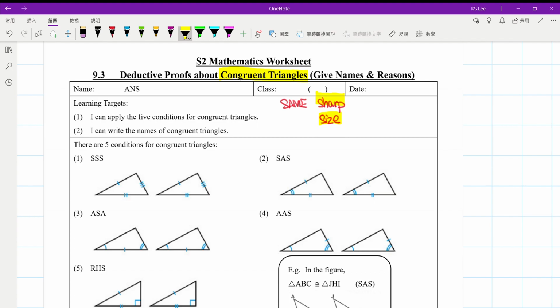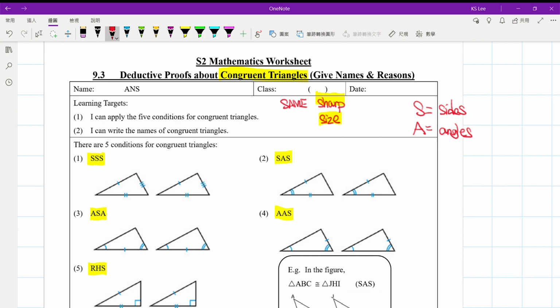The first reason, SSS. Second reason, SAS, ASA, AAS, and RHS. You should remember what we mean by S and A. S means we have a pair of equal sides, and A means we have a pair of equal angles.